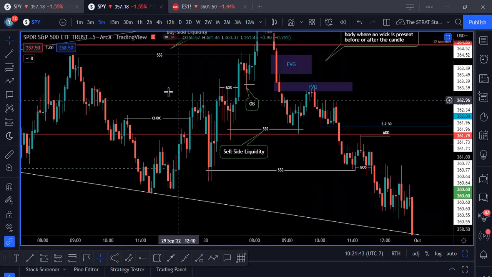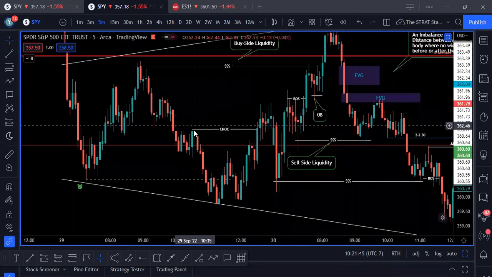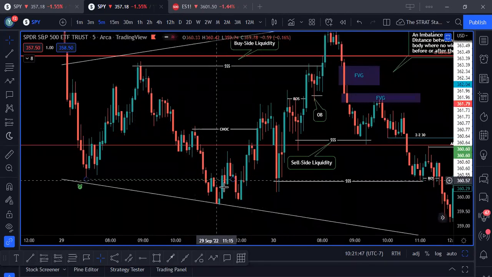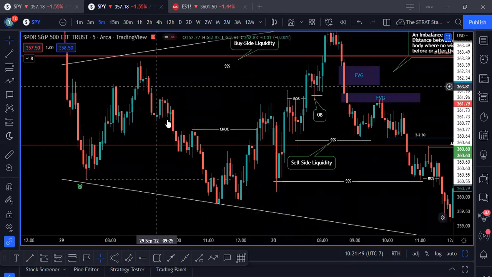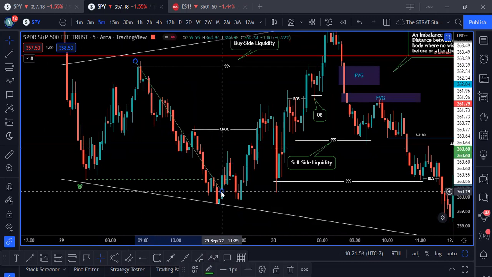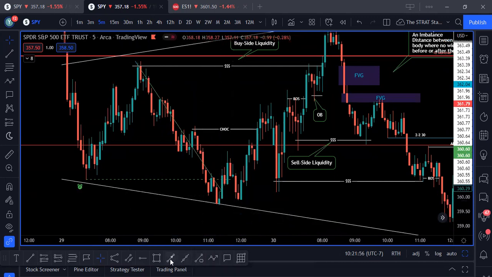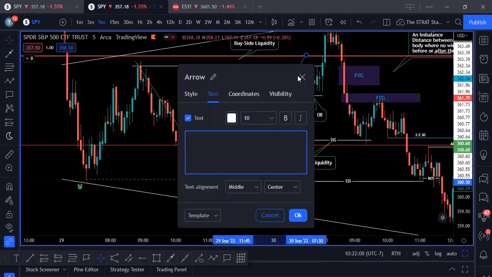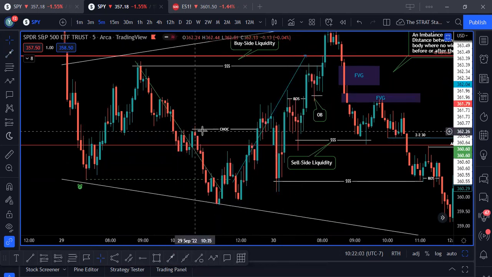Now, change of character is a little bit different. They're similar things, but a change of character changes the trend. So change of character will change us from here, where we were in a downtrend, to here, we convert to an uptrend at this level.